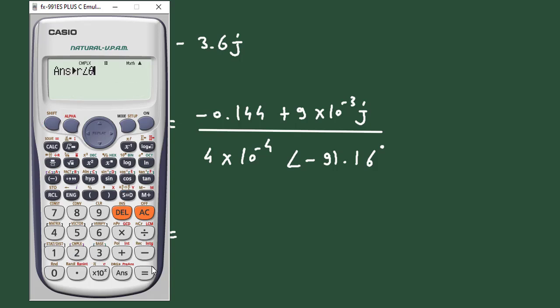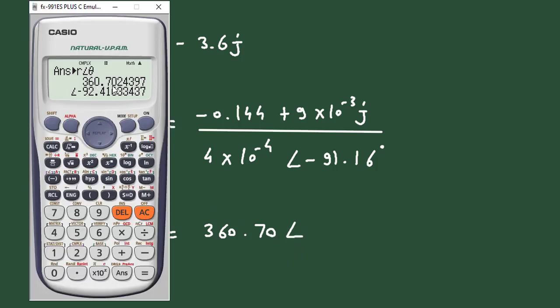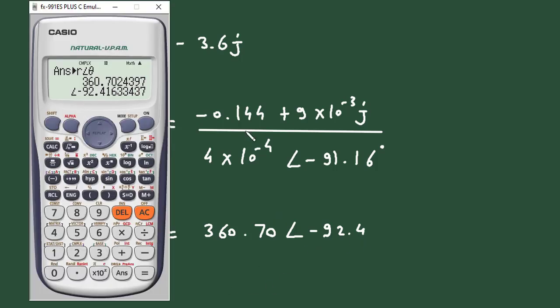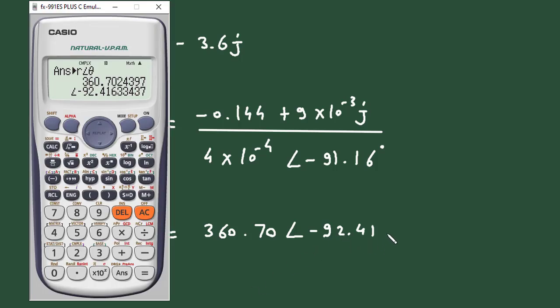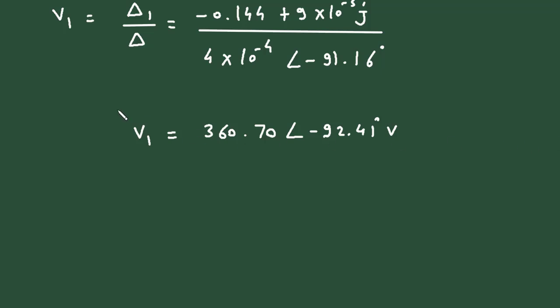Shift to 3, so it is 360.70 at an angle minus 92.41 degree volt. So this is the answer for V1.